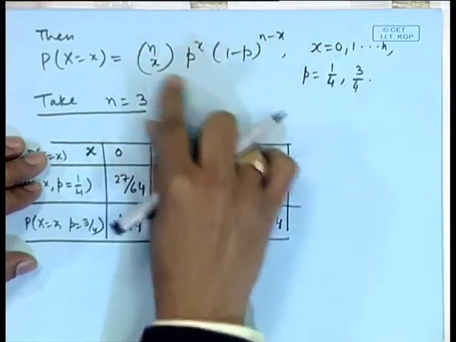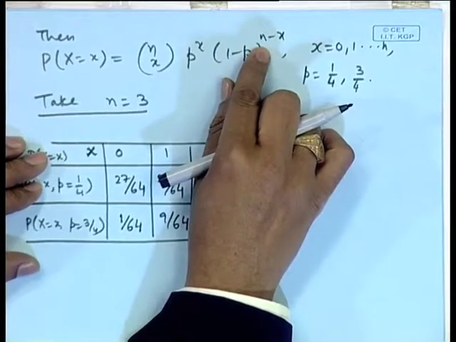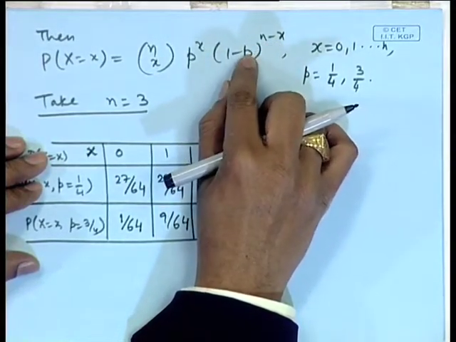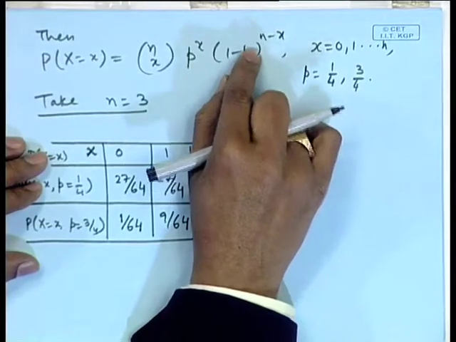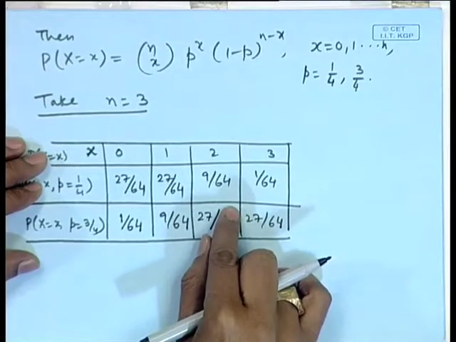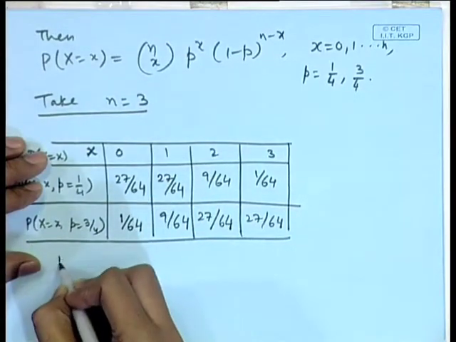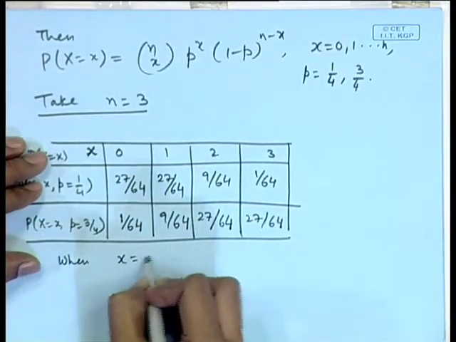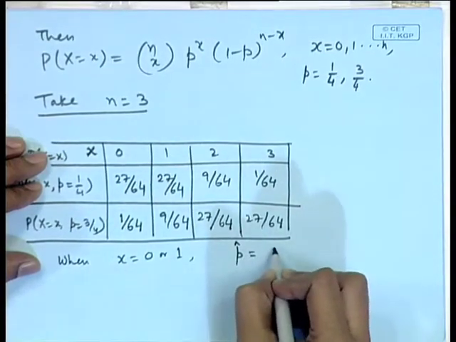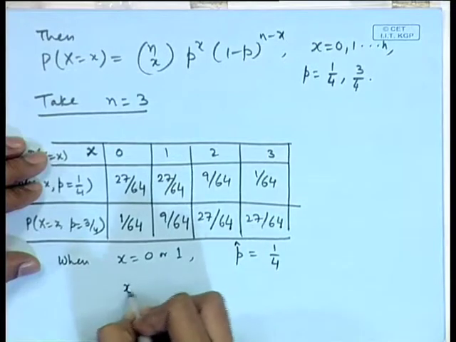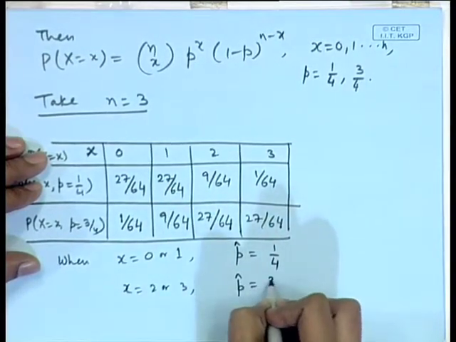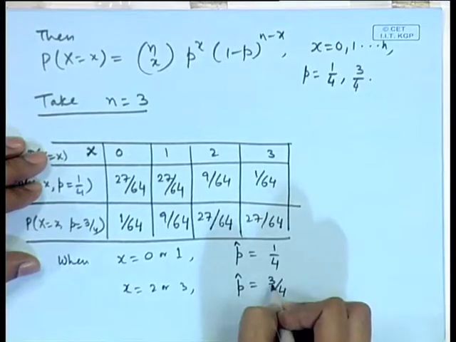Now, I am giving a different interpretation to this. I am calling it the likelihood function for different values of p, and I am looking at that value of p for which this is maximized. So, you can see that when x equals 0 or 1, I am taking p hat to be 1 by 4, and when x equals 2 or 3, I am taking p equal to 3 by 4. Why am I taking these values?